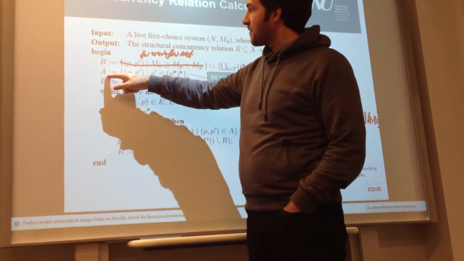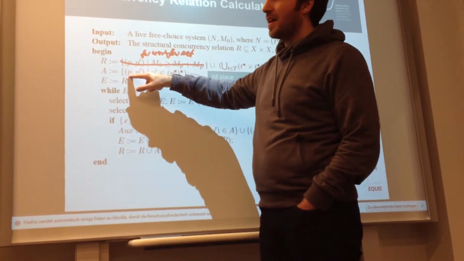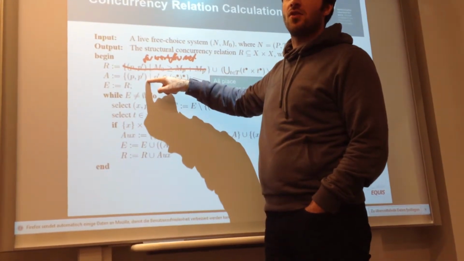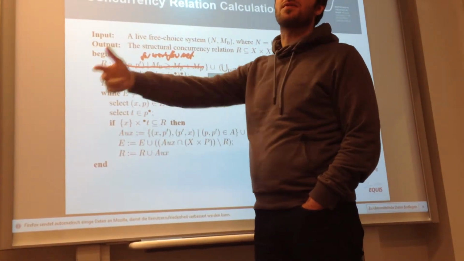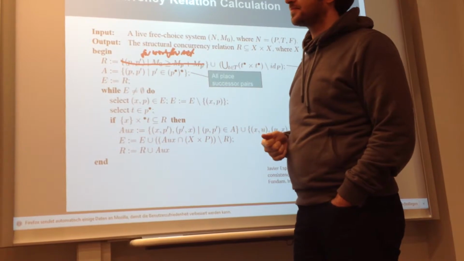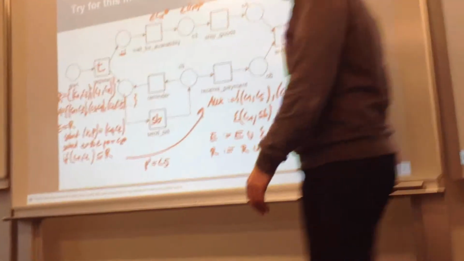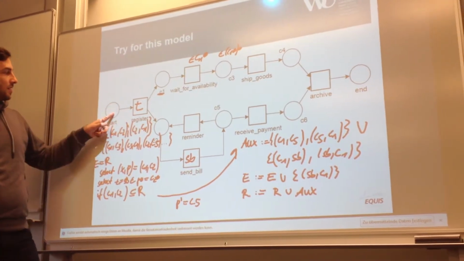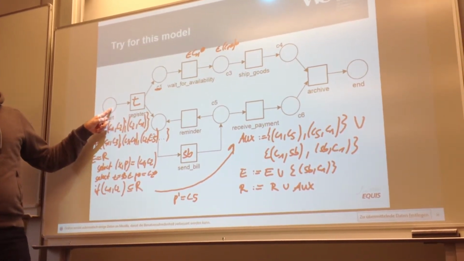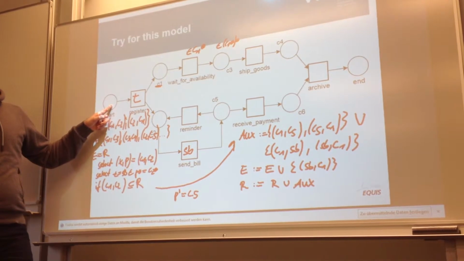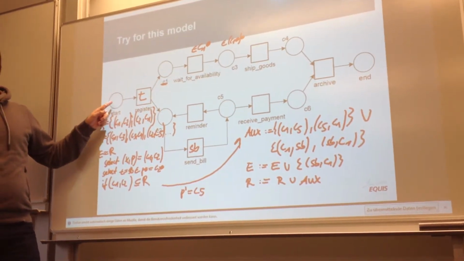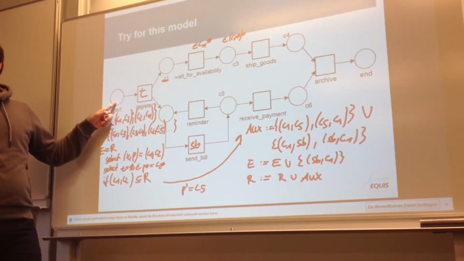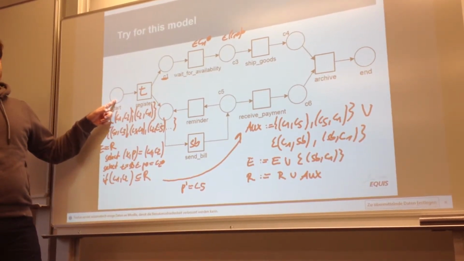The second one is we have to look at this relationship A. A says if you give me a place, I'll tell you all places that are the next ones after the next transition. So this set is actually very simple. For instance, for the start, which are the second elements? C1, C2.